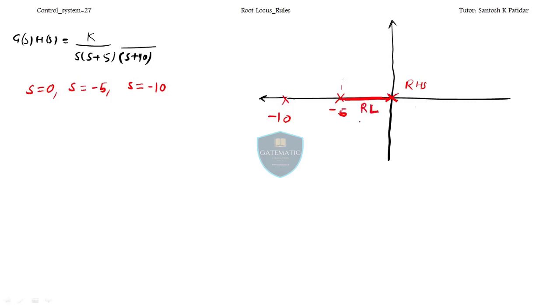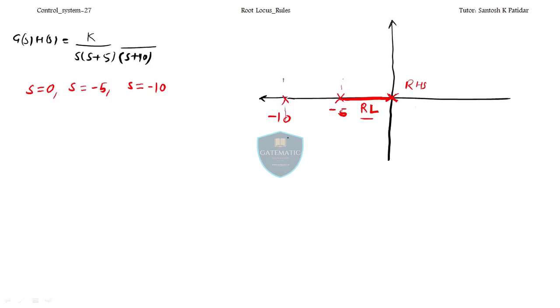RL branch means root locus, means your poles are moving to the zero by following this branch. This is the root locus. In the first class, if you remember, we discussed what the root locus is. The path of the roots of the given function is nothing but the root locus, correct?